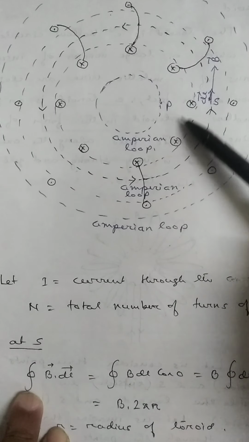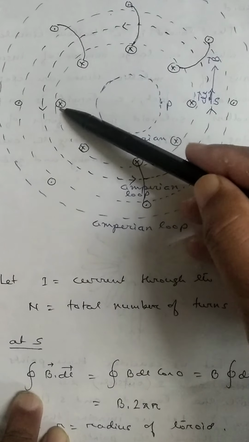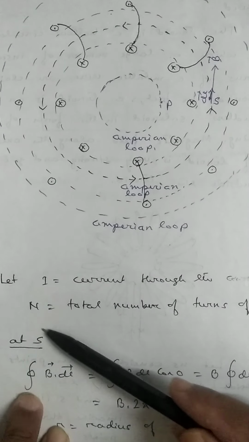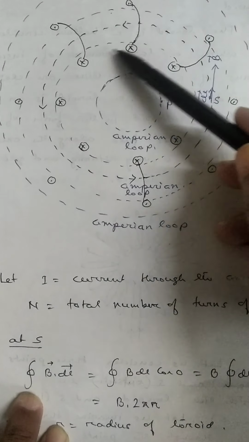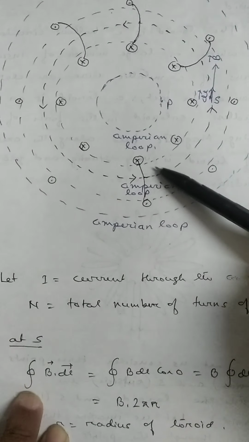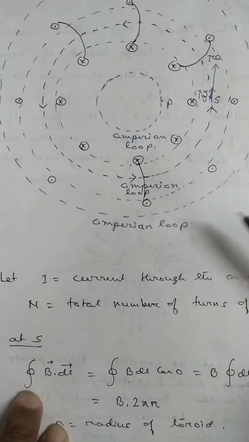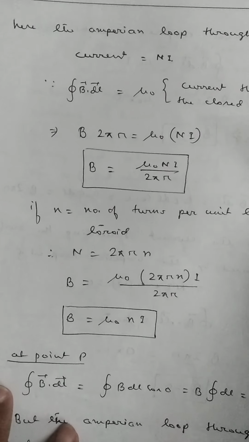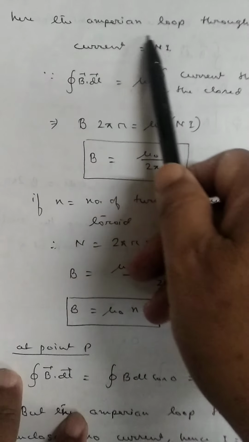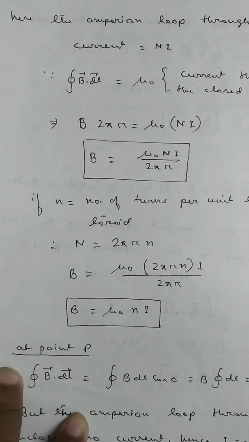What is the total number of turns here? Don't count in my figure. The total number of turns is capital N. That means N wires are like this. So what is the current inside the Amperian loop? The current inside the Amperian loop is Ni.